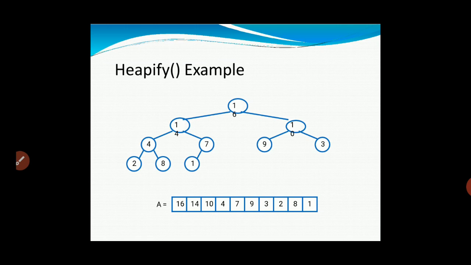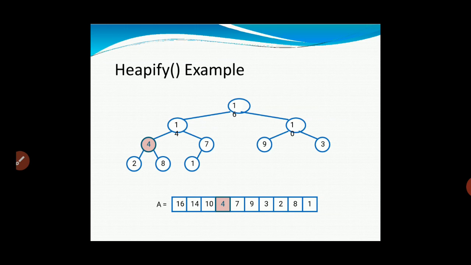But 8 is greater than 4. We know that in a max heap no parent is less than its child; the parent should not be smaller than its child, it should be equal to or greater than the child's value. So heapify is applied again.